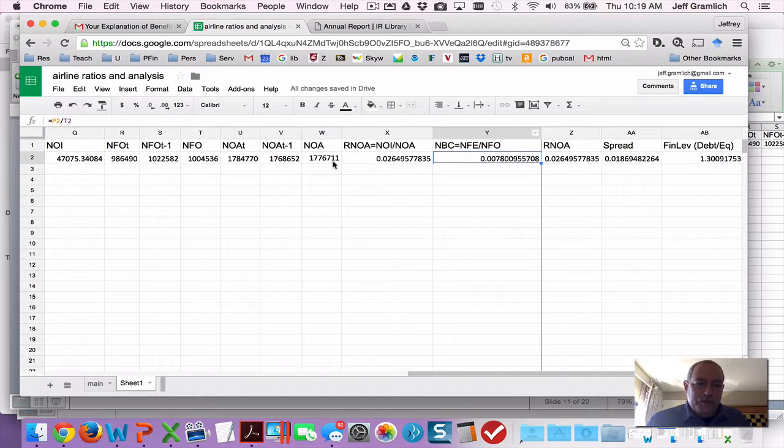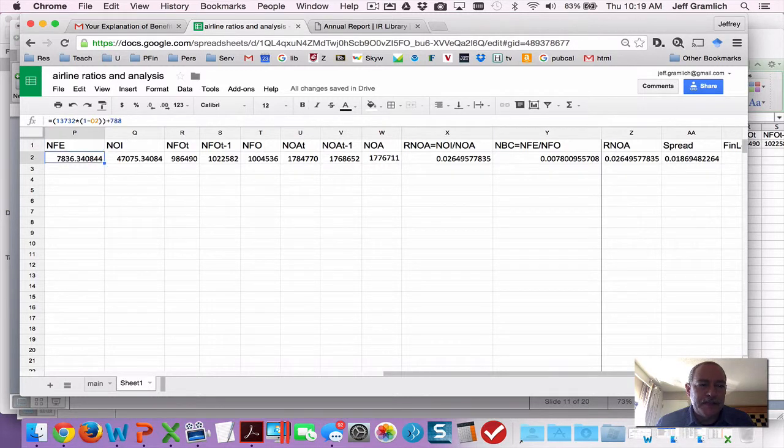All right, so we've got the net operating assets defined, and then the RNOA is defined as net operating income, that's Q2, divided by net operating assets, that's W2, and you can see that right here. The net borrowing cost is the net financing expense, which is P2, that's this one over here, net financing expense, divided by net financial obligations, which is T2 here.